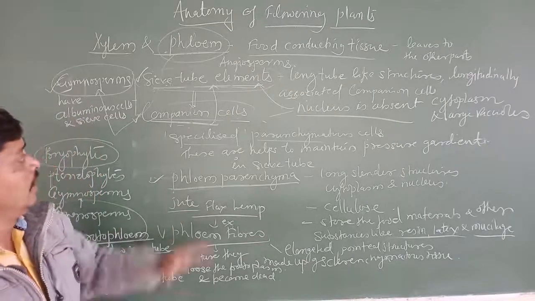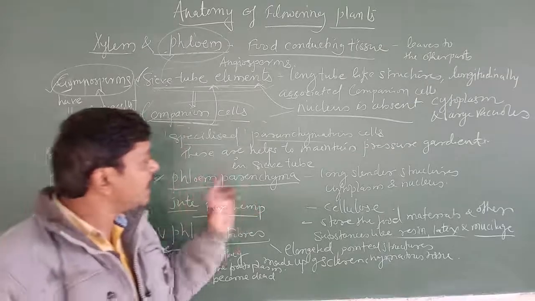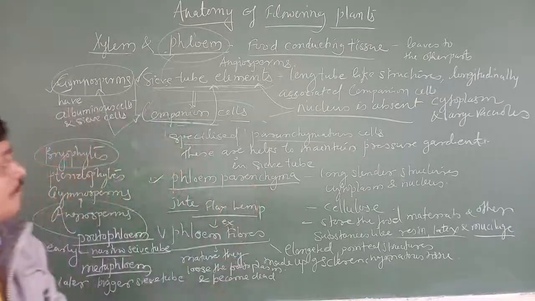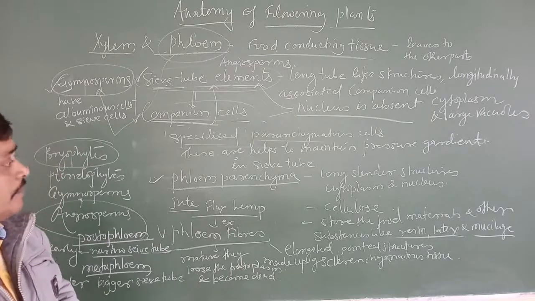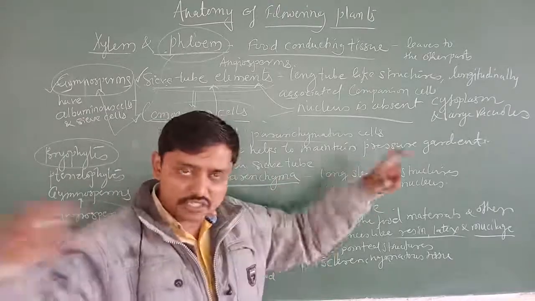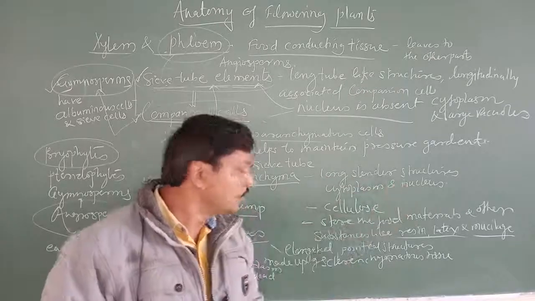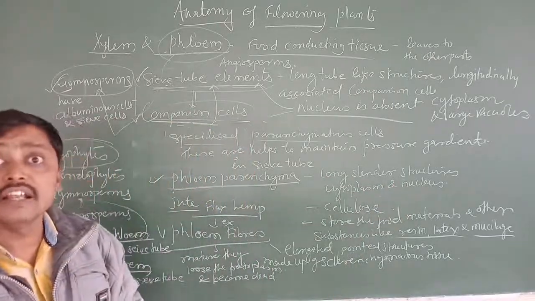Now, after this, I am going to move towards the phloem parenchyma. This is the next component of the phloem. These phloem parenchyma are long slender structures and they have cytoplasm and nucleus.